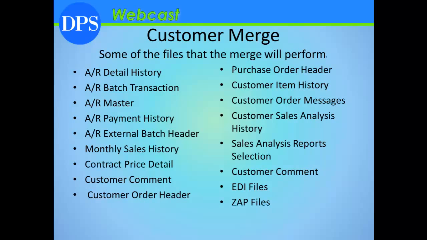The merge process will affect several programs. It will affect the AR detail history, the AR master, AR payment, just to name a few, your monthly sales history, your sales analysis history, EDI files, ZAP files, purchase history, customer comments.